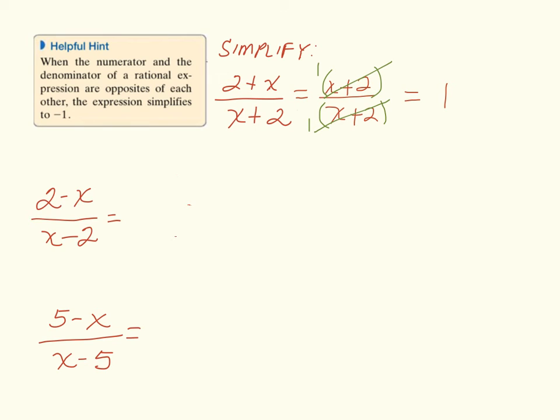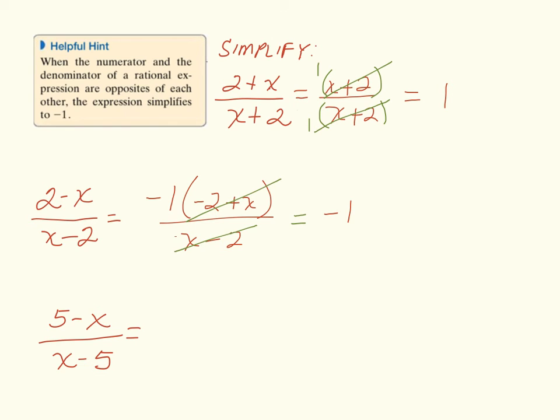Once you cancel it, all you're left with is a -1. So if I factored out a -1 and I made that a -2 plus x all over x minus 2, notice now this cancels with that, and what you have left is -1.